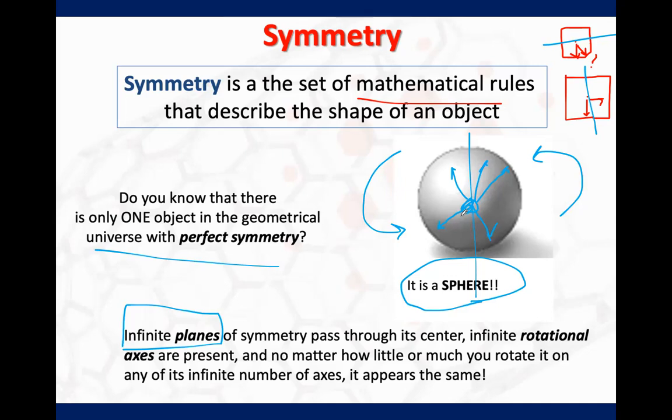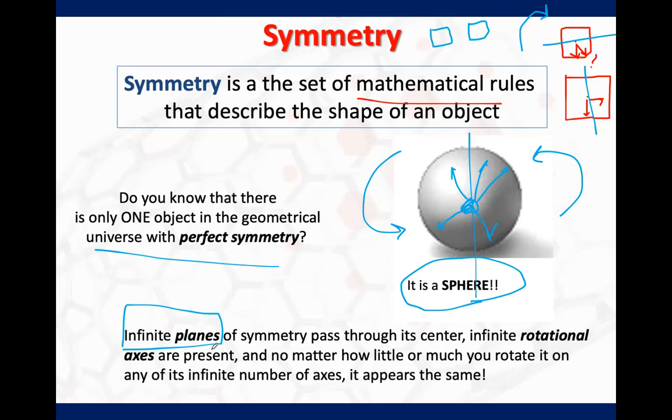But in non-symmetrical objects, if you rotate this one and see at different angles, you will see different shapes. Sometimes you see like this, sometimes you will see something like this. So likewise, you see different shapes when you rotate. That means you can't preserve the symmetry there, right?